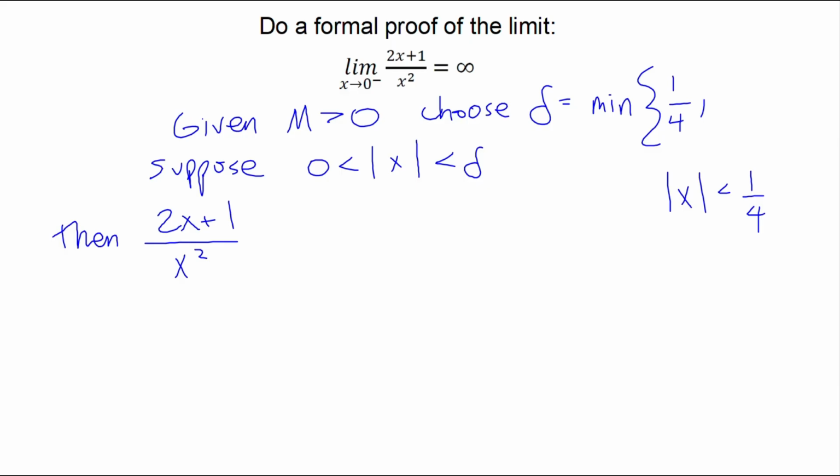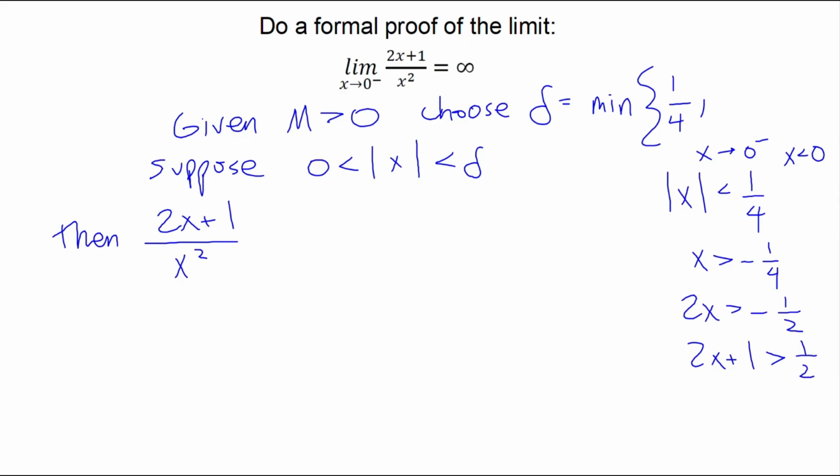And so if x is approaching 0 from the left, that tells us that x is less than 0, which means that the absolute value of x being less than 1/4 actually tells us that x is greater than -1/4. And if x is greater than -1/4, then 2x must be greater than -1/2. And 2x plus 1 must be greater than +1/2 if we add 1 to both sides.